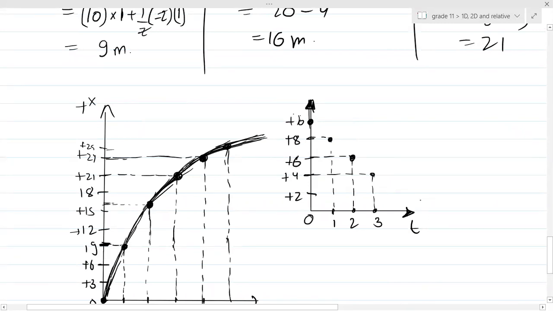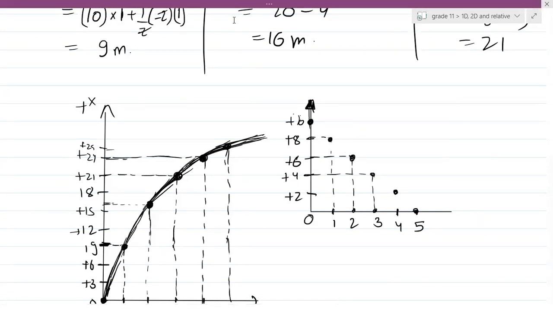One important thing. So if I join all of these together, I'll get a straight line like this.